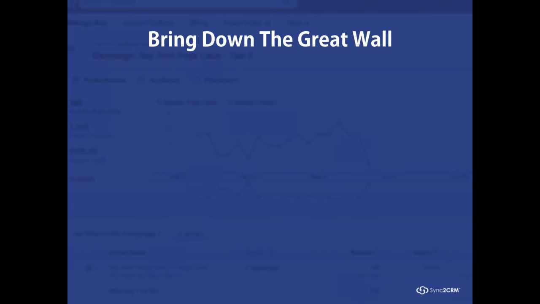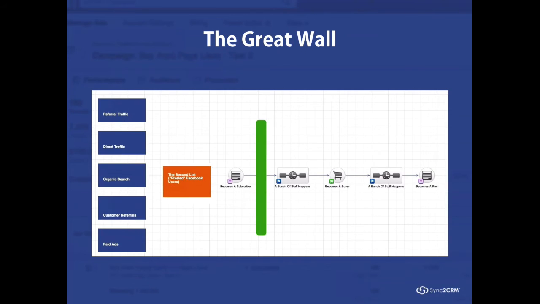We want more. And so to do that, what we have to do is bring down the Great Wall. Here is what I mean. The way most of us think about this, if we think about it at all, is there is a wall between leads and prospects, meaning we have all of these sources of leads, including paid ads, and we use those to get people into the top of our funnel.